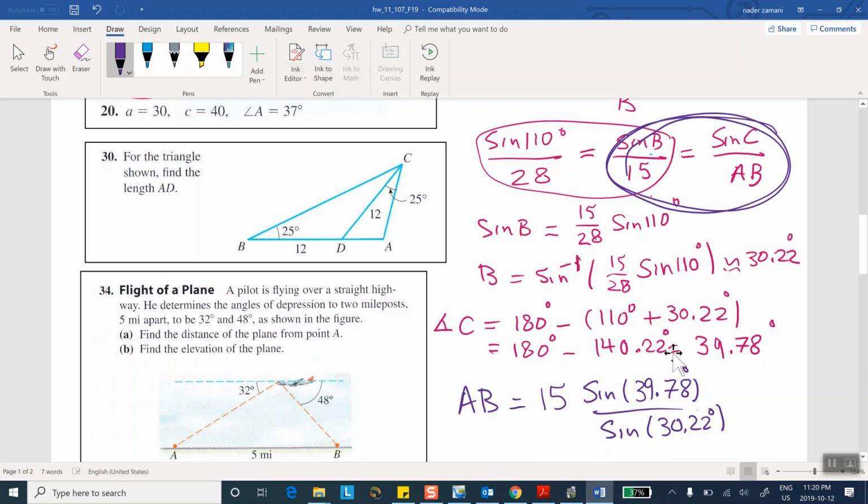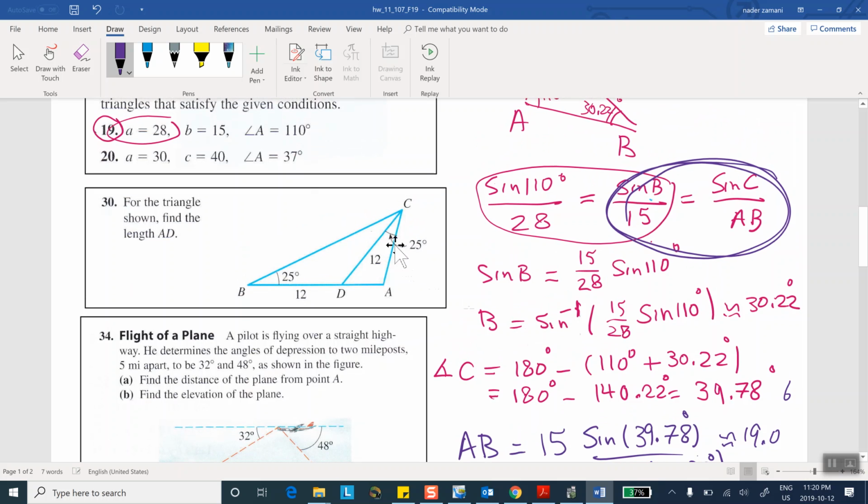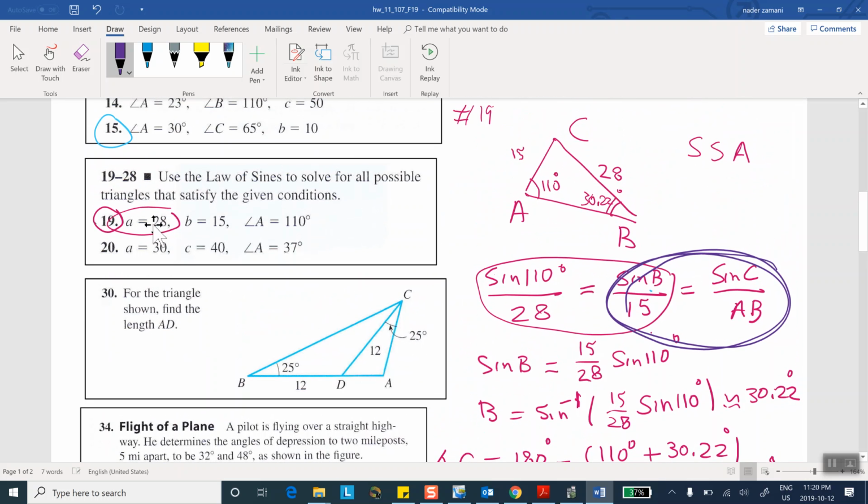So this is approximately 19.06 units. We took care of number 20. Let's go ahead and do number 30.